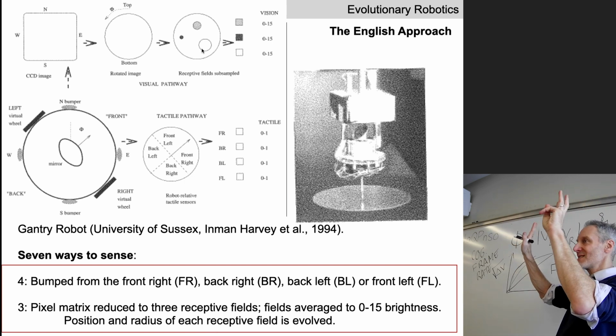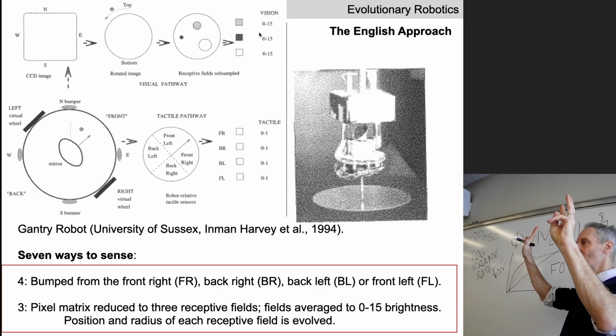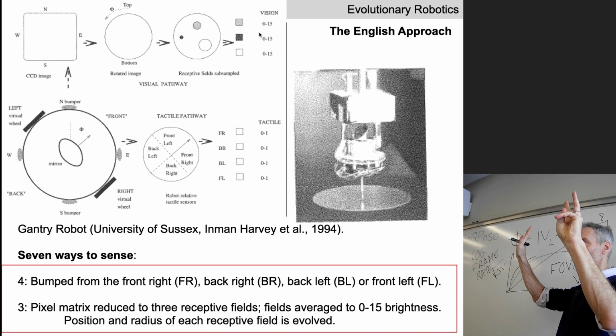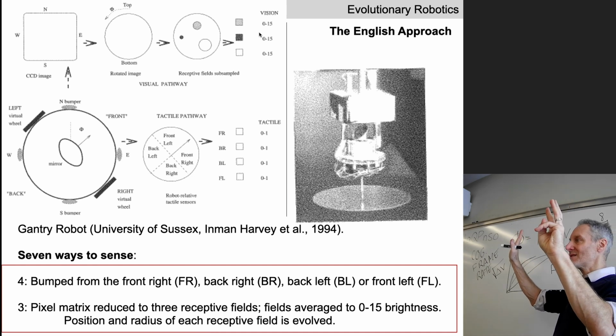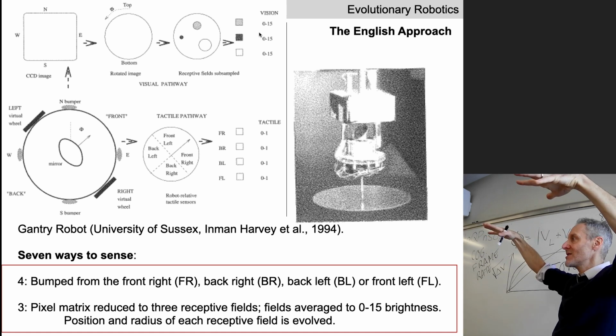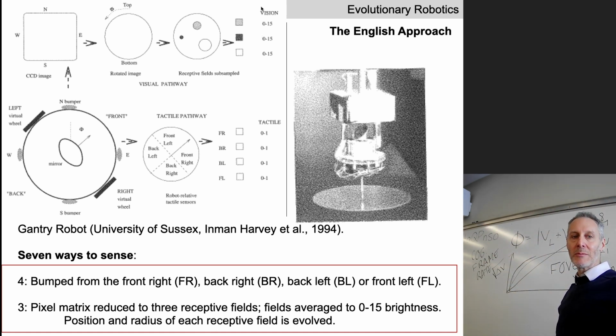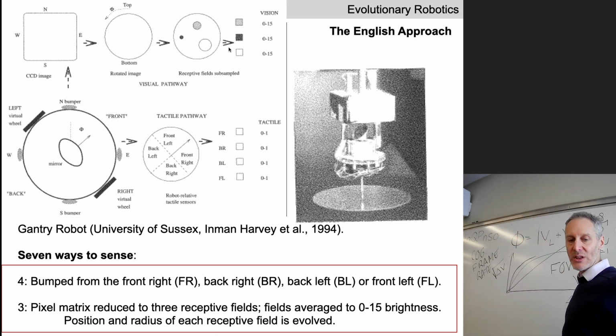Those 5th, 6th, and 7th sensors can report values between 0 and 15. Okay, so at this point, we now have a robot that at any point in time is receiving 7 incoming sensory values. 3 of them are visual values. 4 of them are proprioceptive sensors. Is it bumping into something?